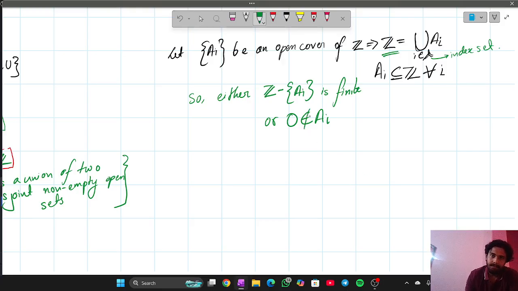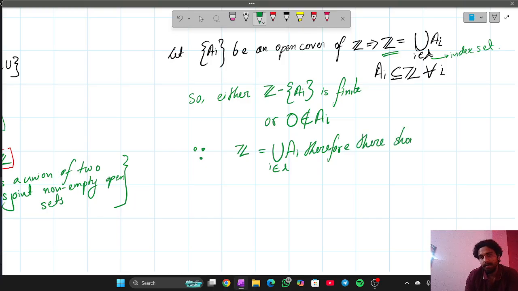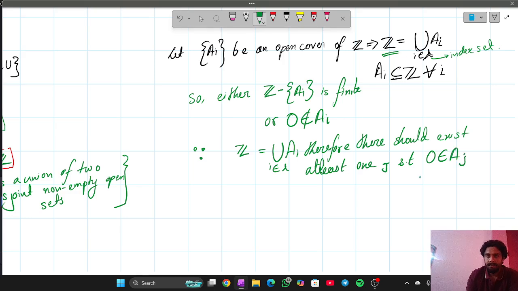Now, since it's an open cover, and since Z is the union of A_i, there should exist at least one j such that 0 belongs to A_j, and this will imply that Z minus A_j is finite.